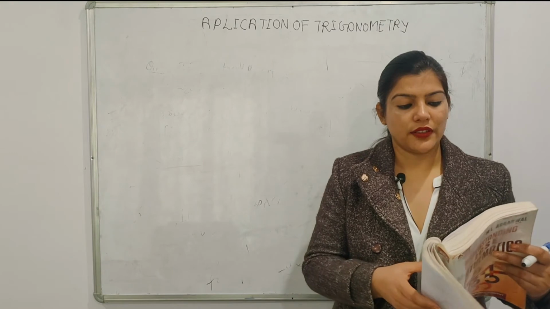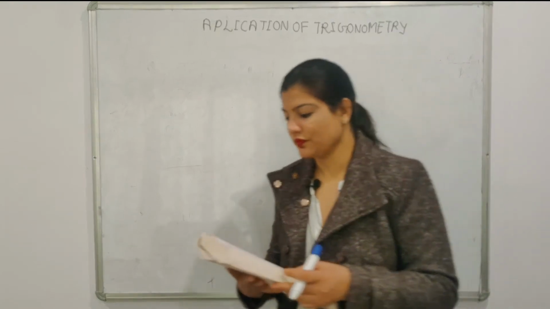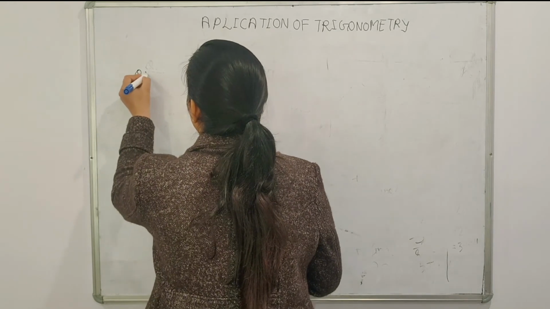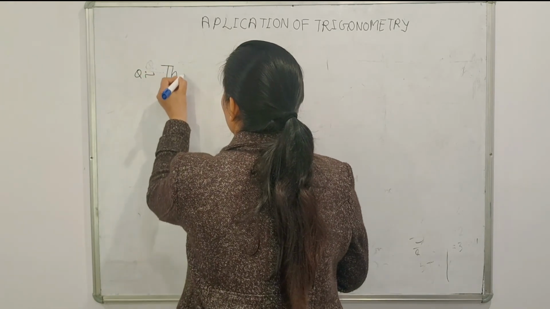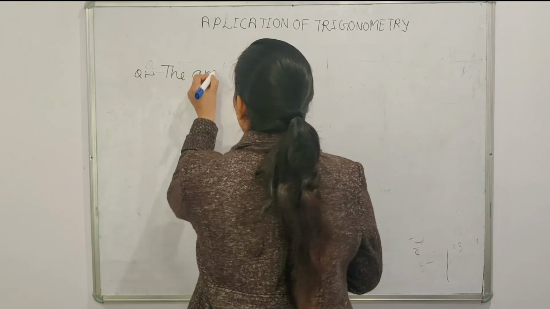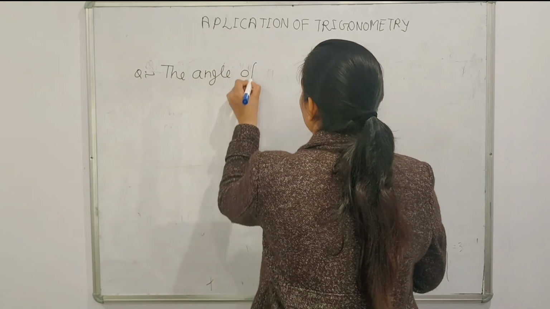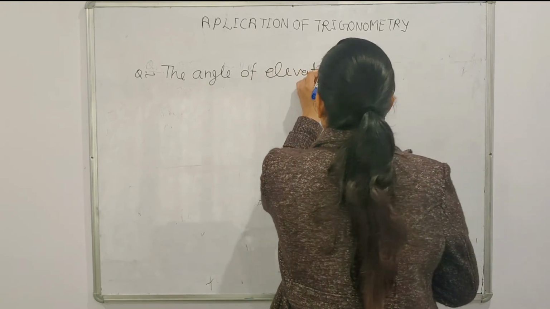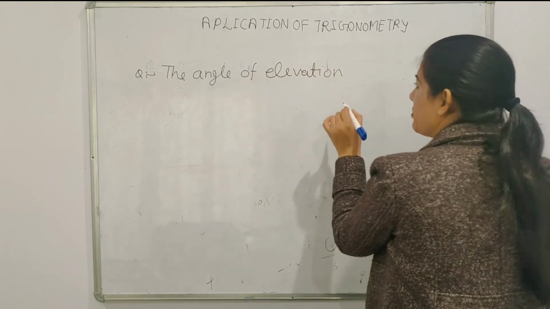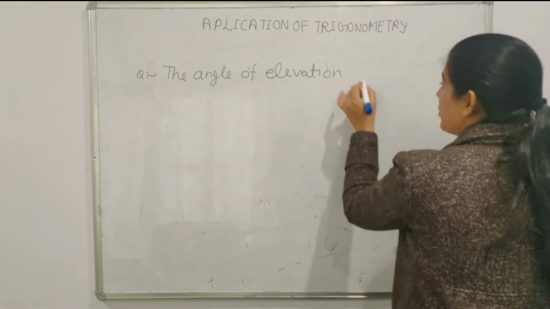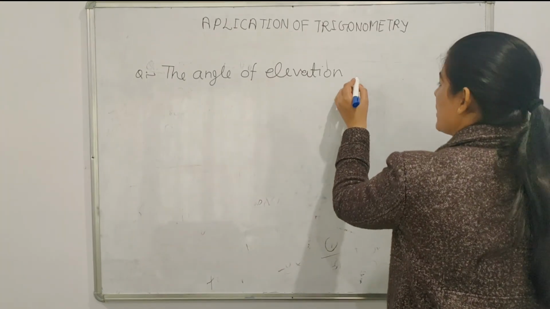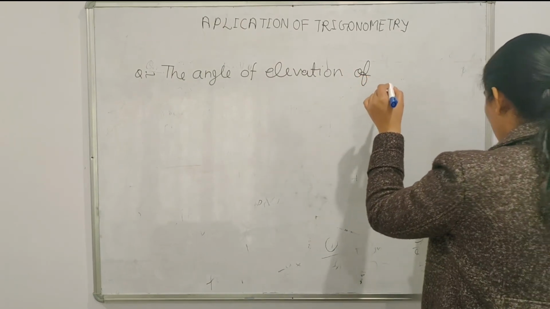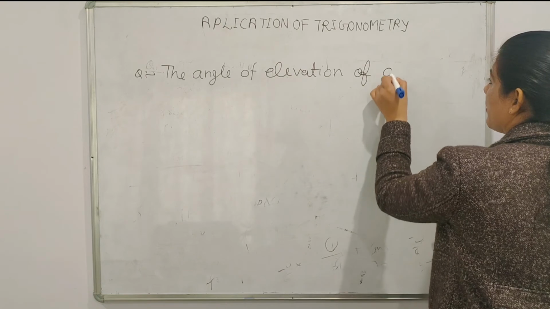The angle of elevation of a bird. Elevation, that means someone is observing the bird from the ground, because for the angle of elevation, if the bird looks at the observer, the bird will make the angle of depression.